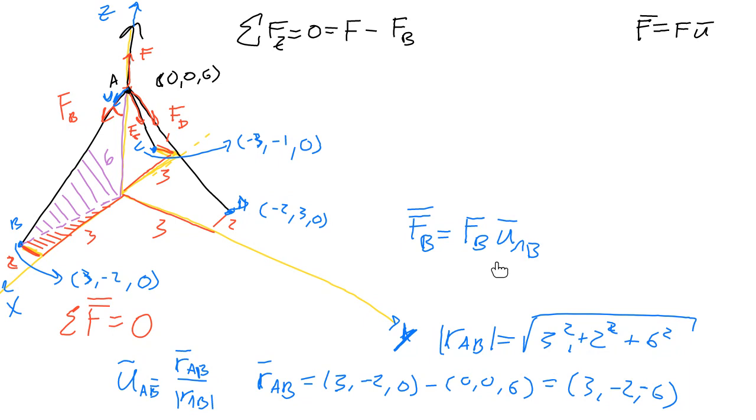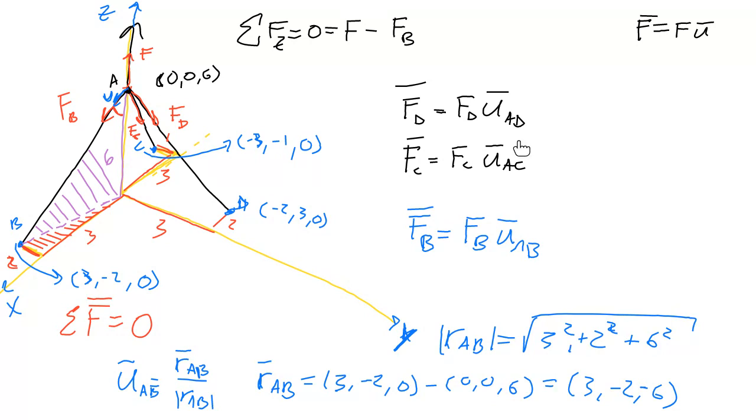Then we basically repeat that process. Once we do that, that will give us all three components, the x, y, and z components of force B. And then we can do the same thing for force C and force D. Repeat that process where you find a position vector, final minus initial, like A minus D, A minus C, and so on.